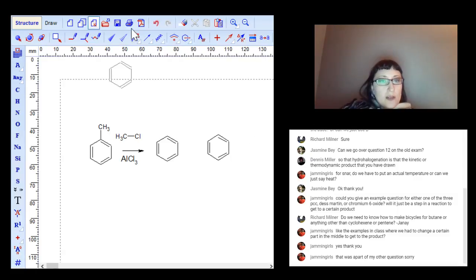Because we have an alkyl group there, we would expect a mixture of products. You would expect the ortho substituted, and you would expect the para substituted. If you drew ortho substituted over here instead, that's perfectly fine. Just pick one, it doesn't matter. But that's that reaction right there.